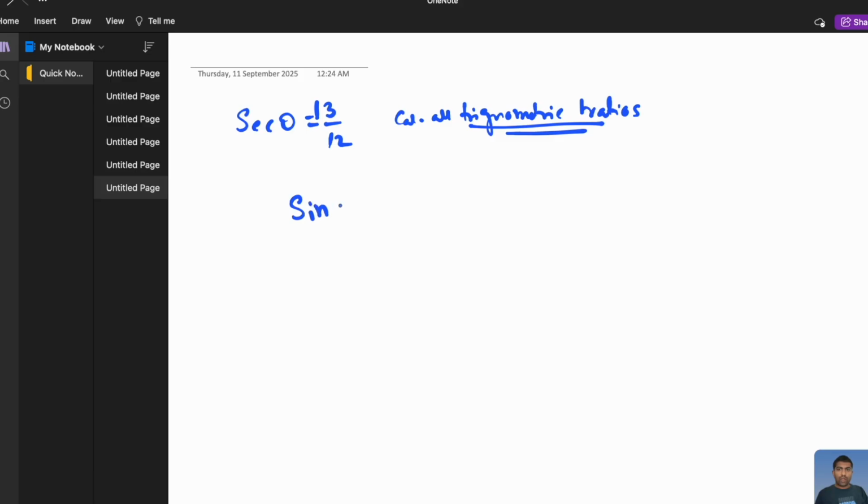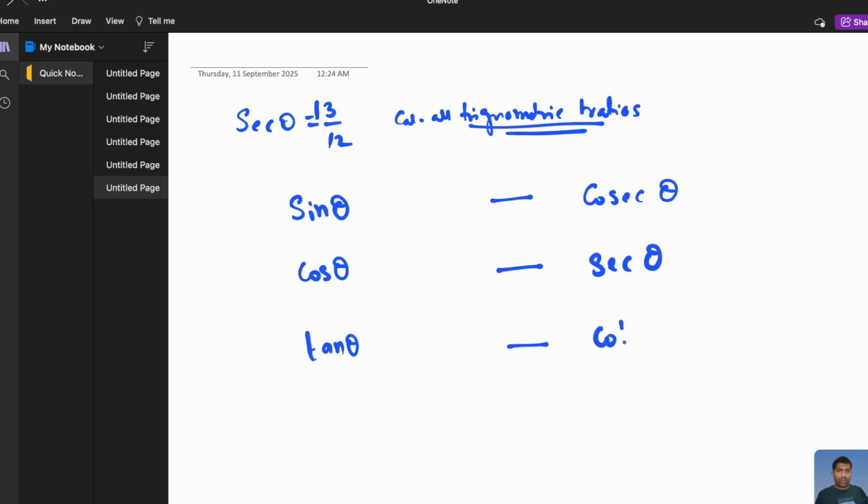So sine theta, cos theta, tan theta. Let's imagine we can say sine theta's girlfriend is cosecant theta, because it is just the opposite of sine theta. Similarly, cos theta's is secant theta, and tan theta's opposite is cot theta.